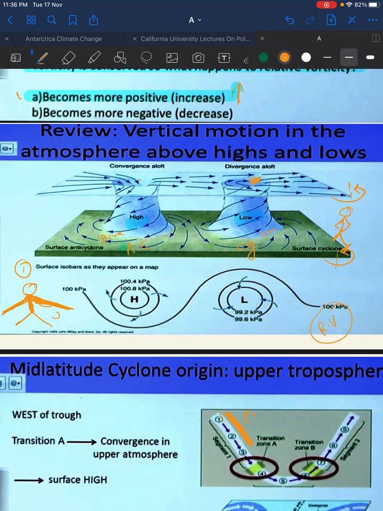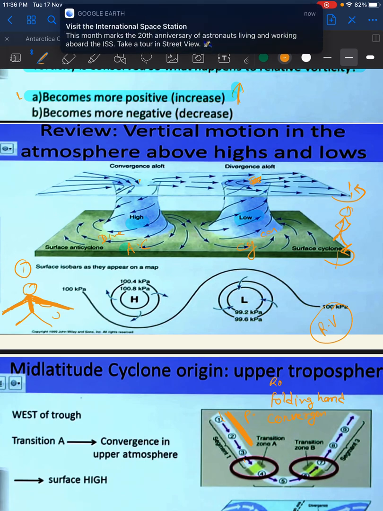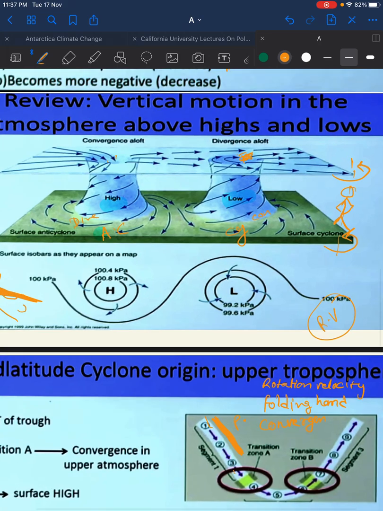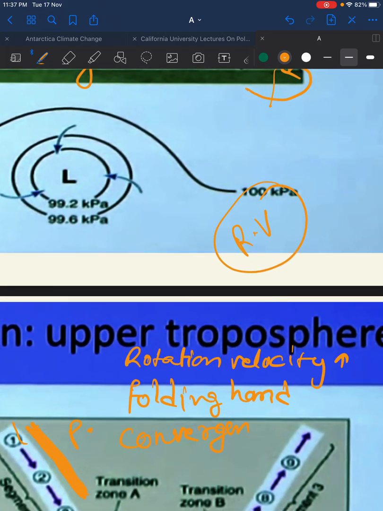And we know whenever we converge the hands or fold the hands, the rotational velocity will increase. Rotational velocity will increase.